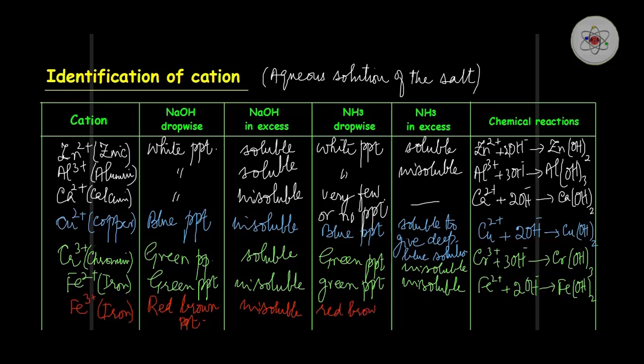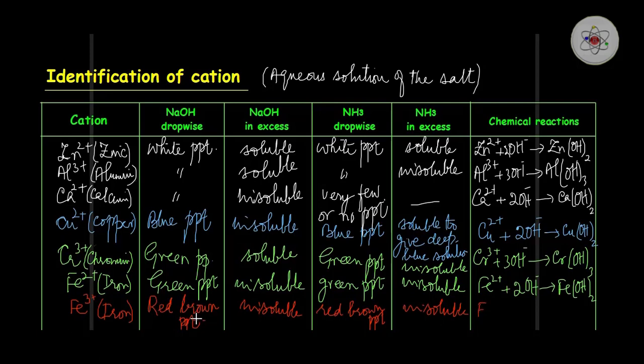Red-brown precipitate when we add ammonia. Insoluble. So the color is the only difference between Fe2+ and Fe3+. Green precipitate with Fe2+ and red-brown precipitate with Fe3+. They both are insoluble in the excess of both the alkaline solutions.